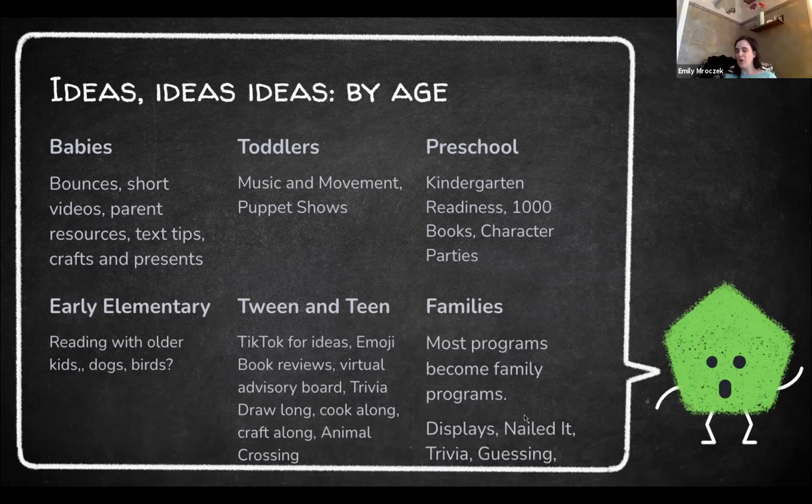I've also seen a lot of trivia for different fandoms, and then doing draw alongs, cook alongs, craft alongs, and finding ways to do those tween and teen activities that you always like, being able to do them together and digitally.